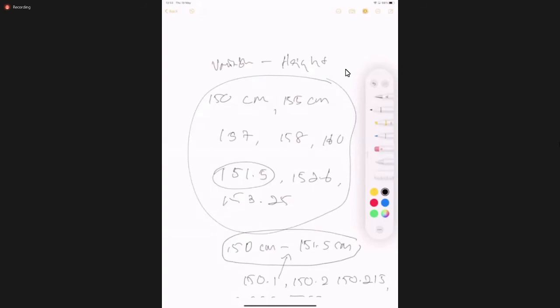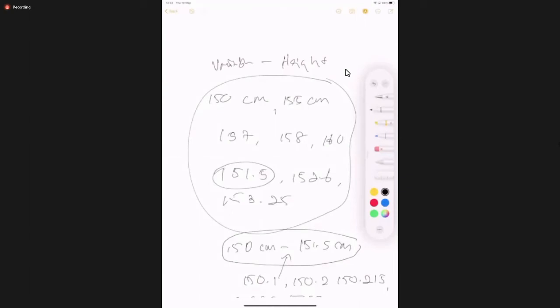Understand? That means the height of a student is not discrete. If it is discrete data, we can count it and it is a finite value. But here, this is not finite as well as countable.